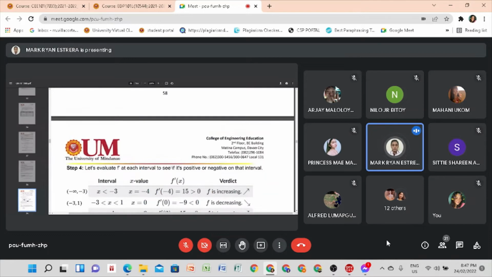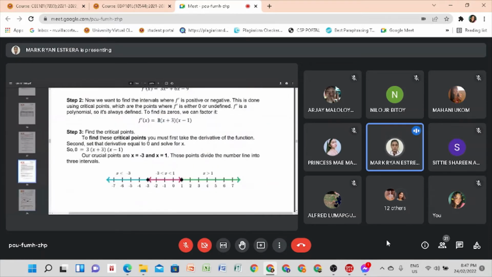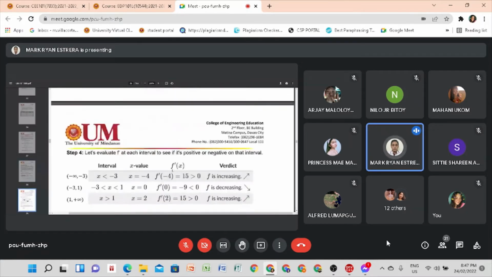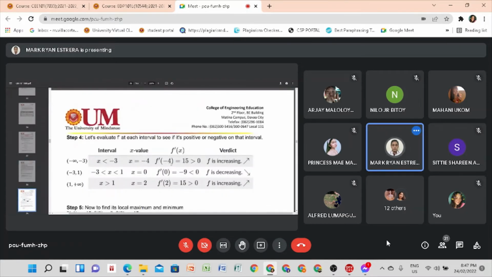As you can see, our f prime is 3x squared plus 6x minus 9. So simply, we substitute -4 here.